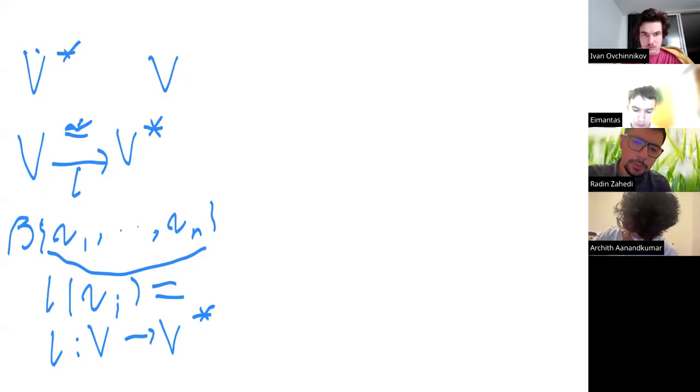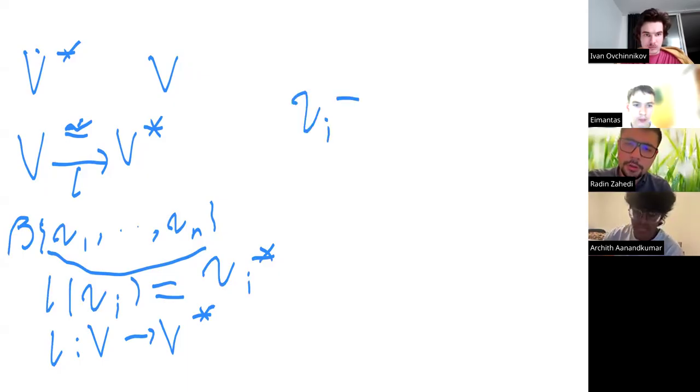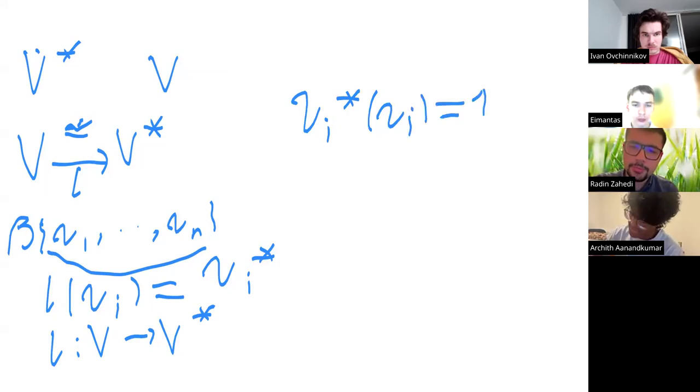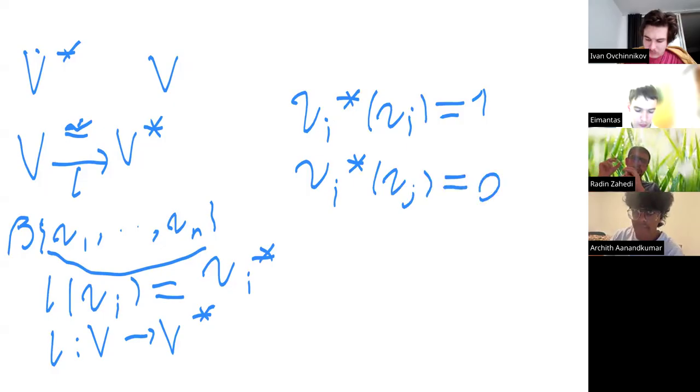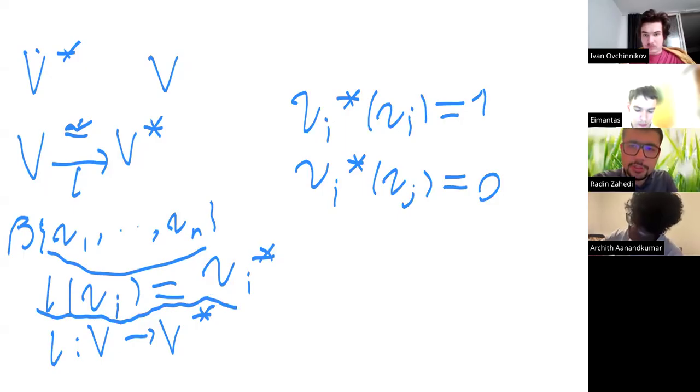One idea could be to define this linear functional, which I call vi star, such that vi star of vi is 1 and vi star of each other vj is 0. So that is like the ith coordinate of each vector. So I have now defined a linear function between these two spaces, and what I want to see is whether it is an isomorphism.